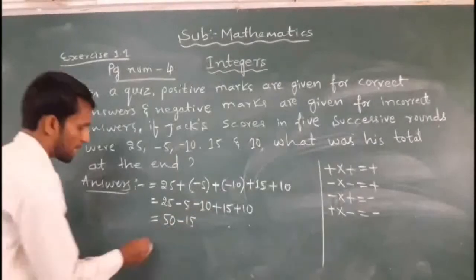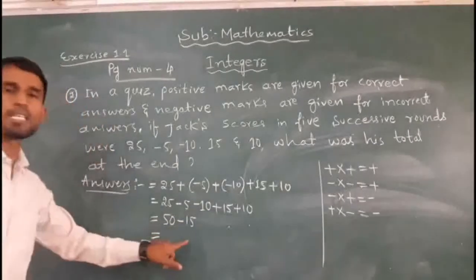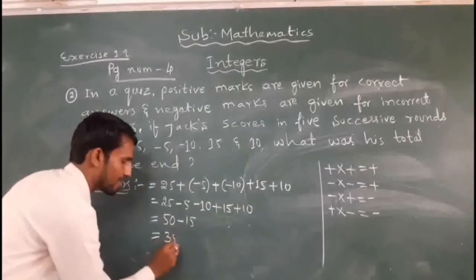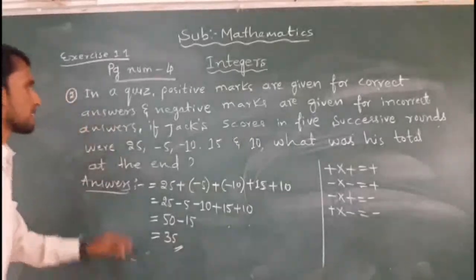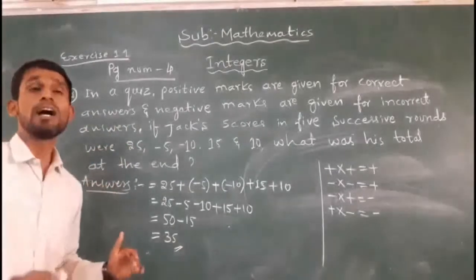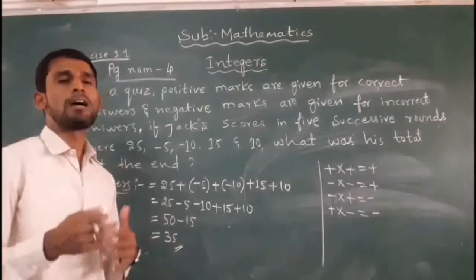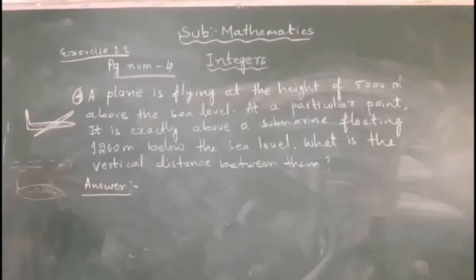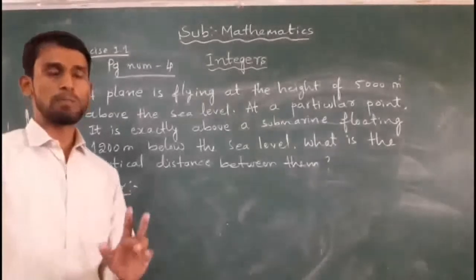When we subtract, 50 minus 15, we will get the answer 35. This is Jobs' score at the end of the quiz competition. Next, I will take the next problem. Okay, dear student, you do the third one at home.